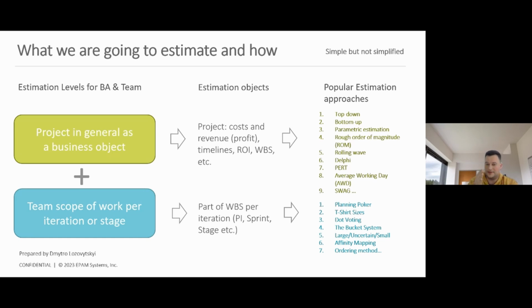Step by step, with the iterative usage of a technique, you're going to be more precise, more precise, and more precise. Only one thing that you need to be aware of: you need to choose the most applicable technique for the right estimation object. That is the key question. That is the cornerstone of the estimation process.